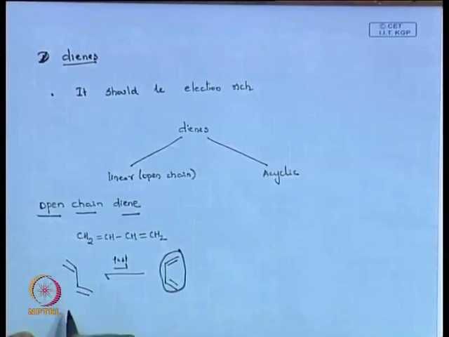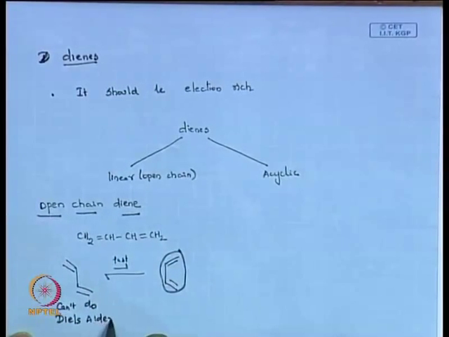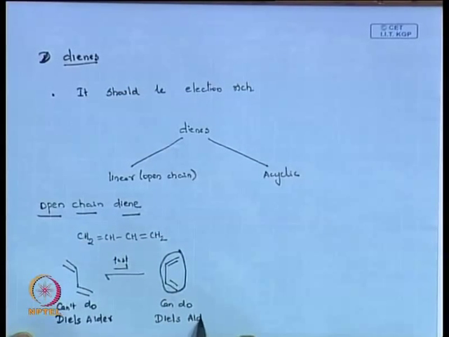So, this cannot do Diels-Alder. This can do the Diels-Alder reaction. That is the more important point for open chain dienes.